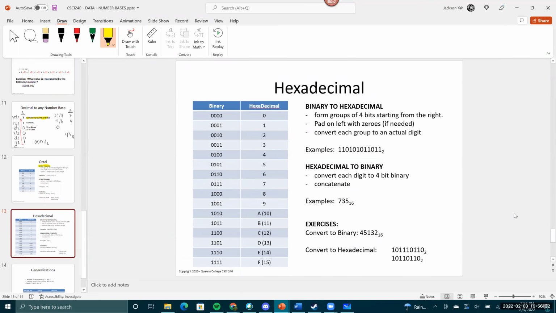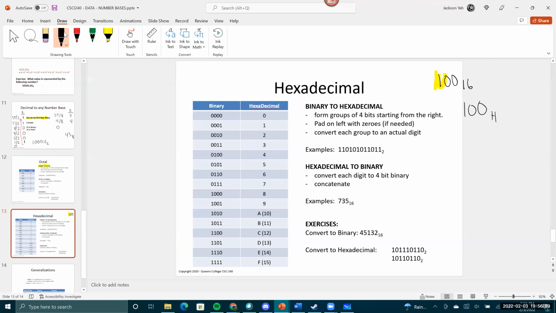You might also see number bases written in different ways. Let's say I have the number 100. It can be written with subscript 16, meaning base 16. You will also see it written with a subscript H, depending on which book you're reading. They both mean the same thing: base 16 or subscript H means hex.